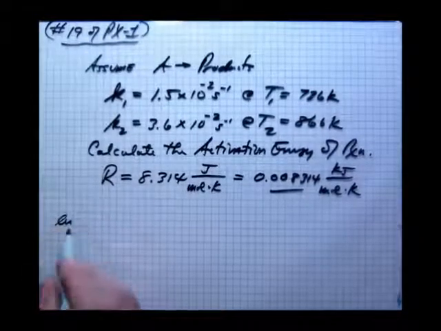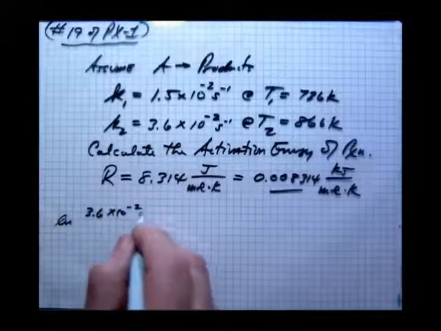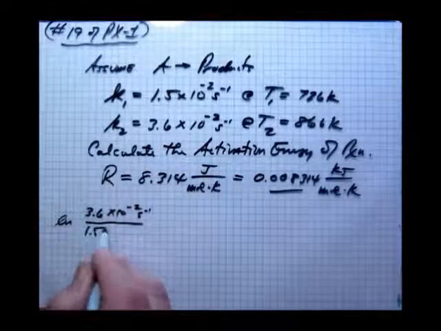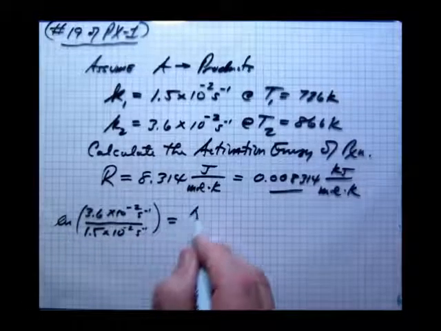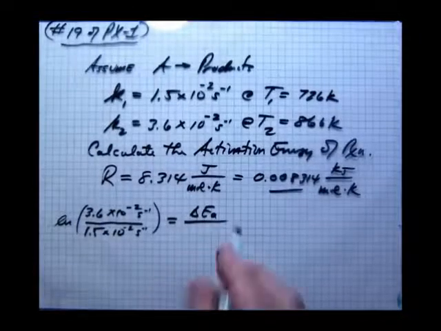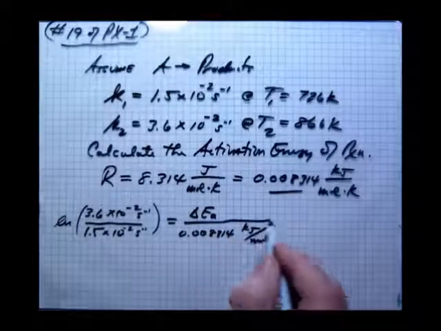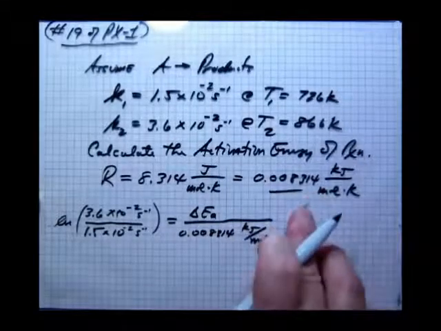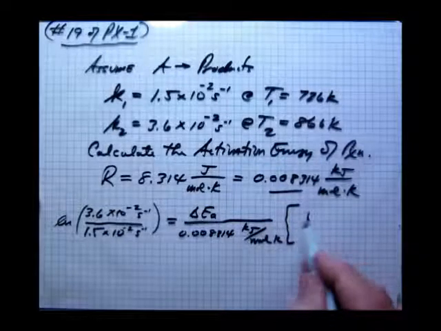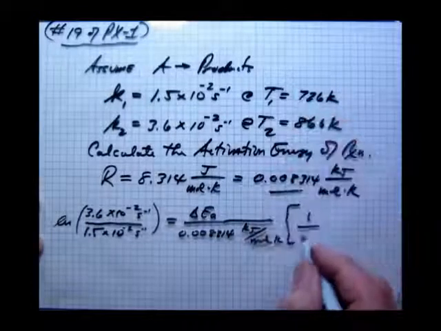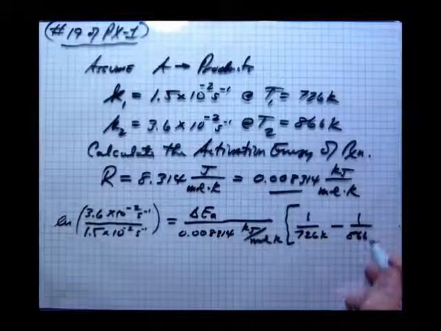So we have ln of k2, well, that's 3.6 times 10 to the minus 2 seconds to the minus 1, divided by k1, which is 1.5 times 10 to the minus 2 seconds to the minus 1, to equal delta E activation energy, what we're looking for, over 0.008314 kilojoules per mole Kelvin, times one over T1, which is 726 Kelvin, minus 1 over T2, which is 866 Kelvin.